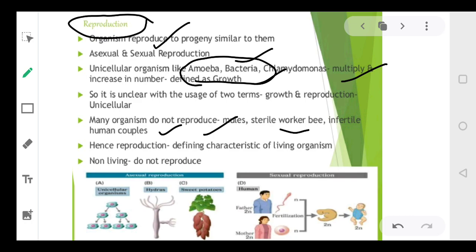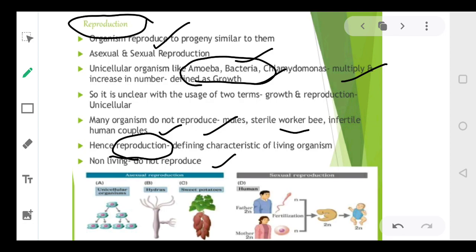Hence we can say reproduction also cannot serve as a definite criterion for distinguishing the living and the non-living. We can take it as a criterion, but not the only sole criterion.